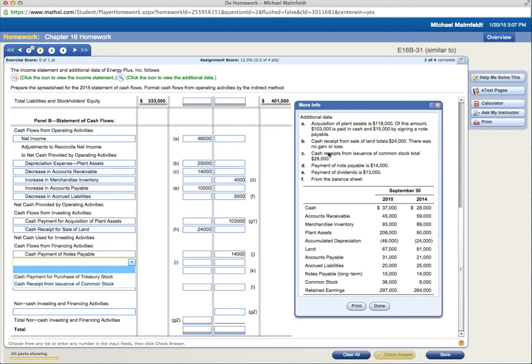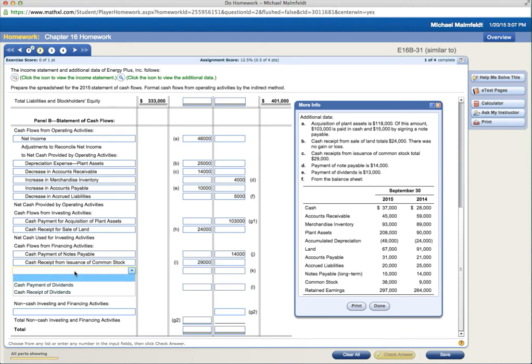And we look up here and see that we issued common stock for $29,000. That accounts for the difference between these two. If we issue $29,000 of common stock, what are we getting for that? We're getting cash. So we're going to show a cash receipt from common stock of $29,000.